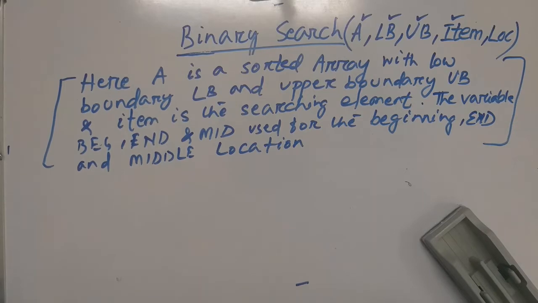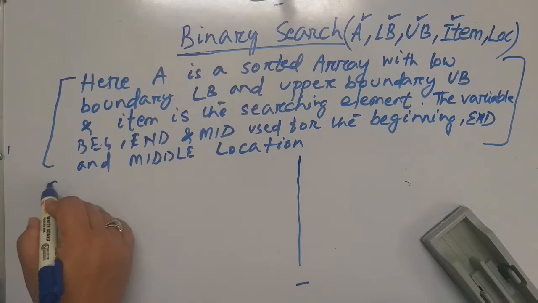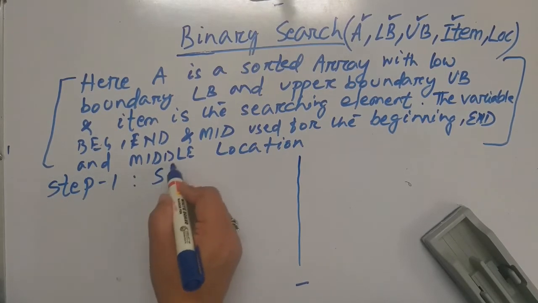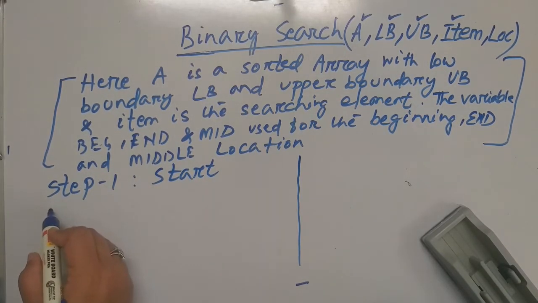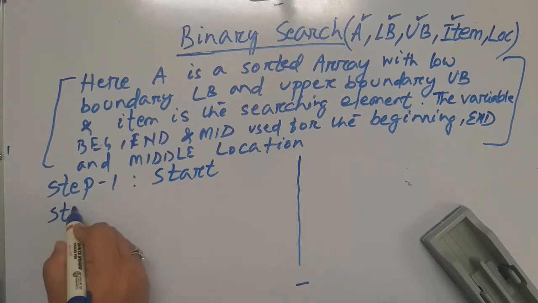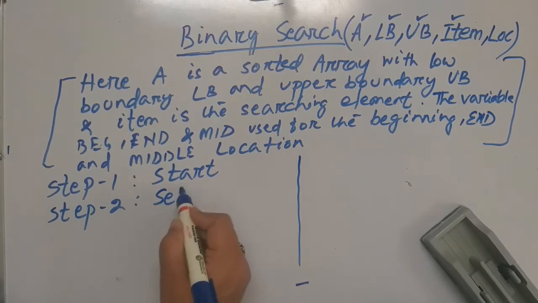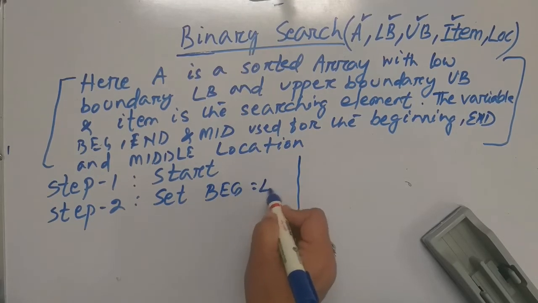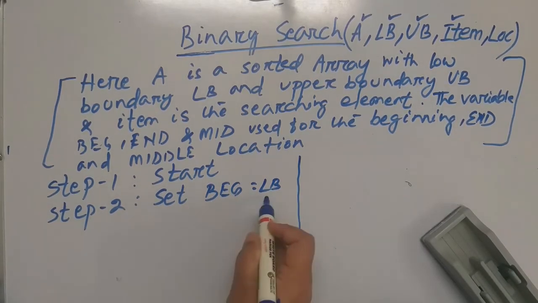Next we begin our algorithm. Step 1: start. We know that in each and every algorithm we write down start and exit, or start and end. Step 2: set beg equal to lower boundary. Whenever we write any starting position, it is the lower boundary.